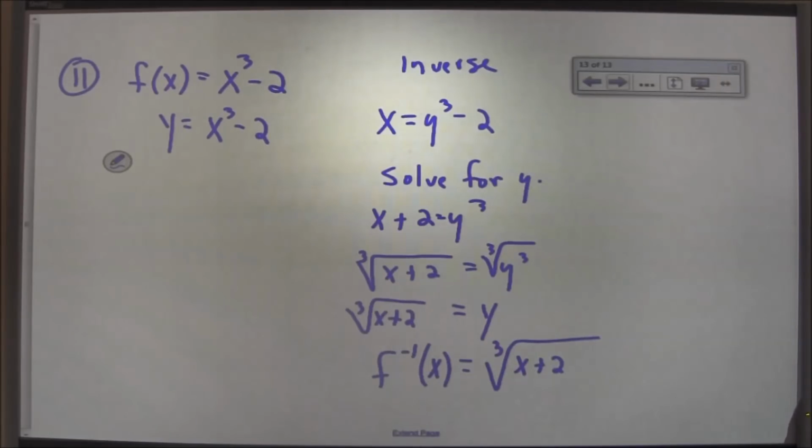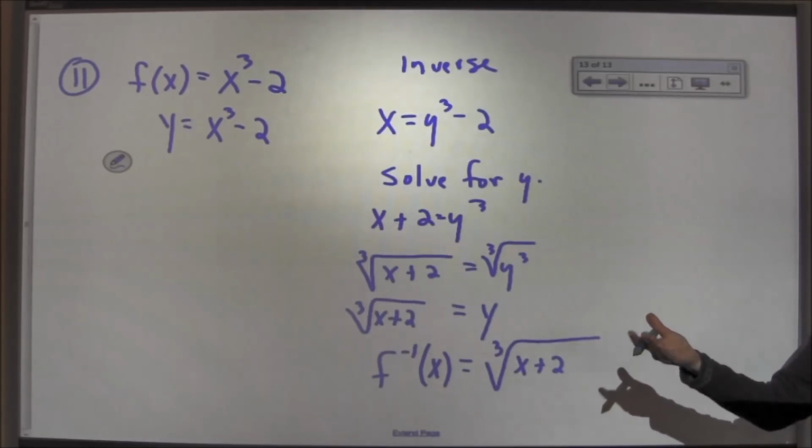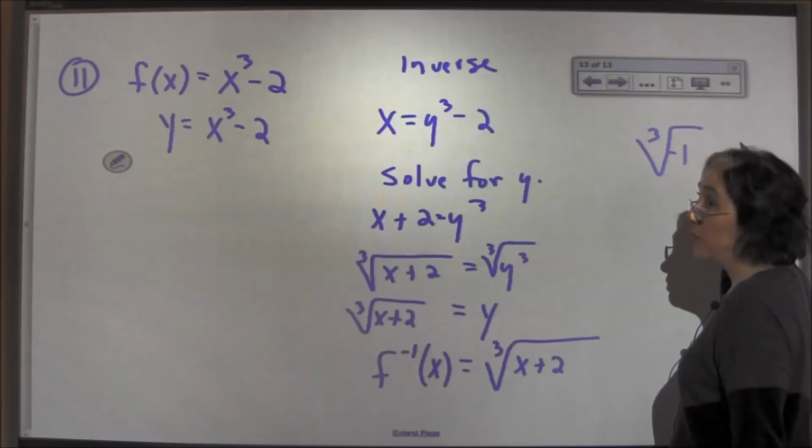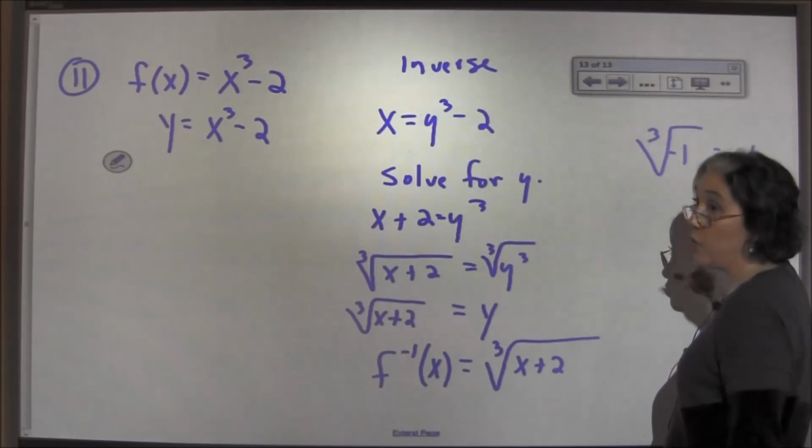Why can this just be taking the cube root of both sides instead of the square root, without having to make it plus minus? That's a very good question. It's because with cube roots, there's only one answer, right? Like if you had the cube root of -1, that's not plus or minus. That's just -1.